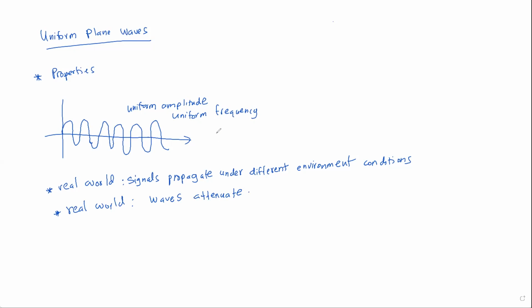So in the last class, we talked about uniform plane waves, and in that case, we assumed that the attenuation of the wave is 0. Attenuation means the reduction in the amplitude of the wave.